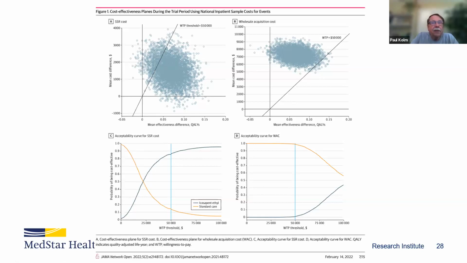And then if we're out to $100,000, it's over 90%. Here you can see that if we're using the higher cost, the $9 a day cost, that the probability of being cost effective isn't very good. And in fact, we're out here at $100,000 and it's still not, the probability is still not at 50%.